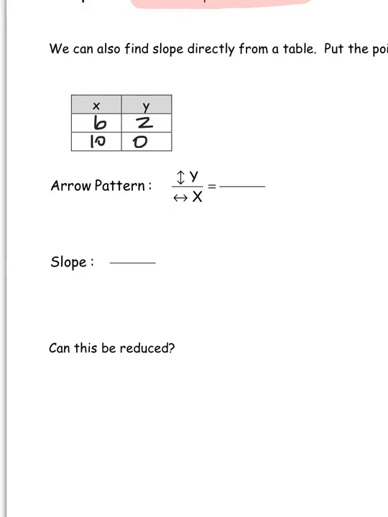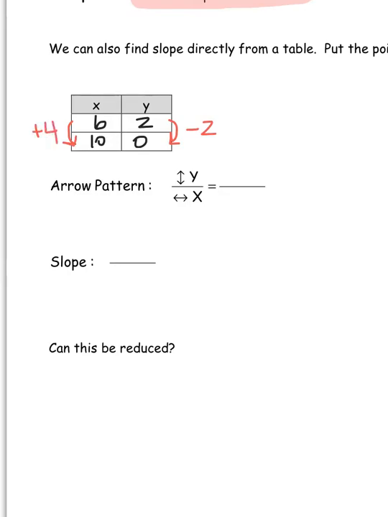In a table, we again find the change in y and the change in x, but I look at my y column instead of a grid. My y values went from 2 to 0, which means we subtracted 2. In my x column, I went from 6 to 10, which means I added 4.